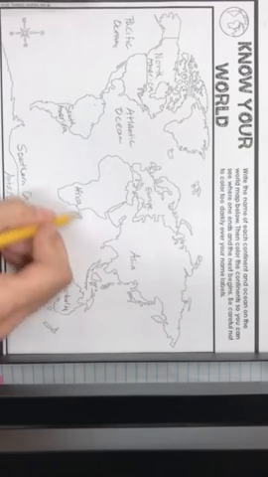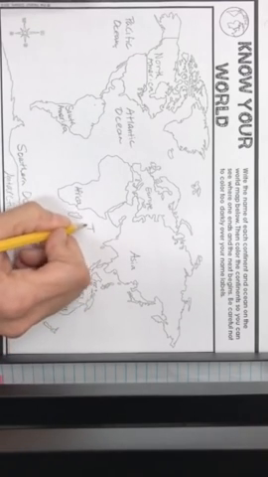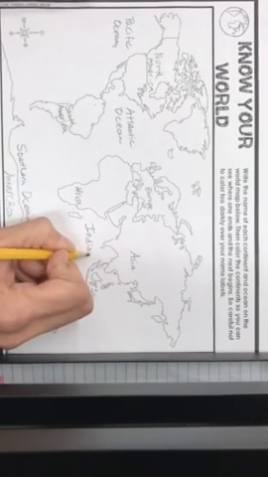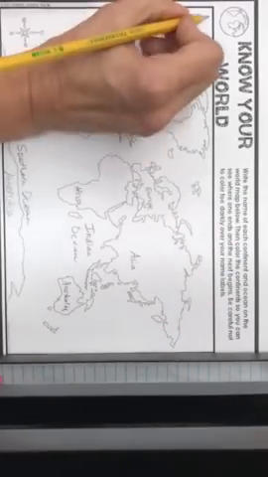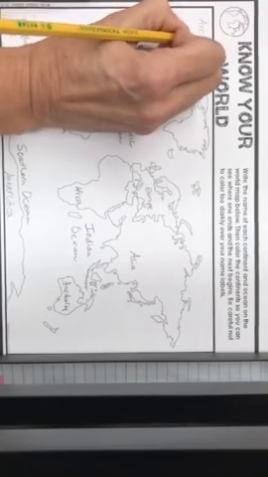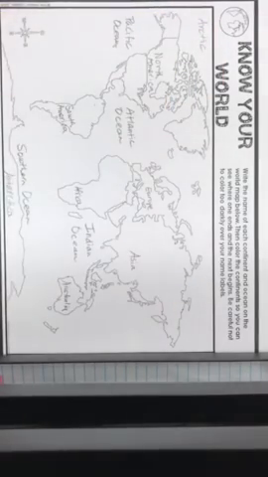Over here, between Africa and under Asia, we have the Indian Ocean. And then all the way up top, we have the Arctic. You can put that anywhere up top.